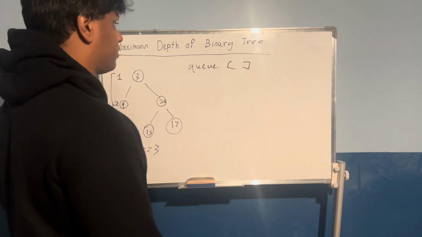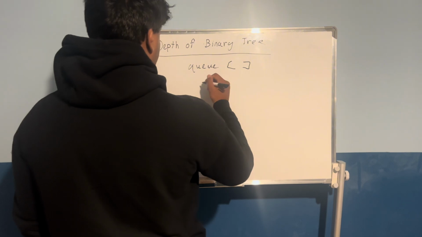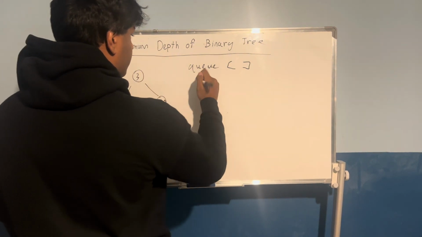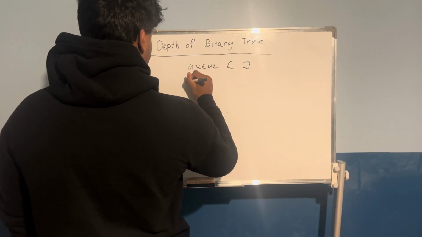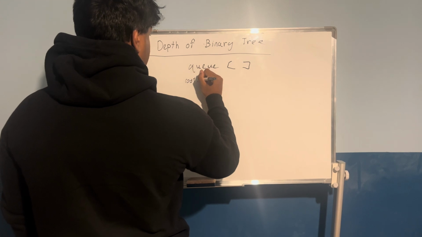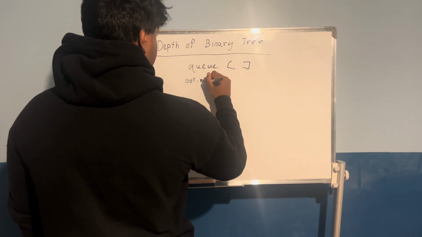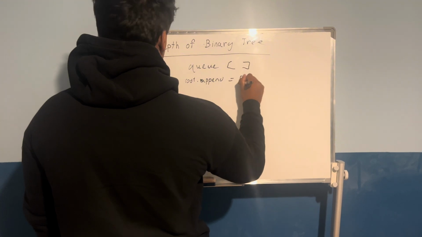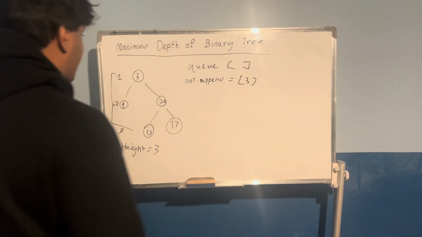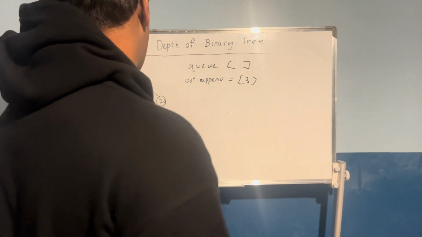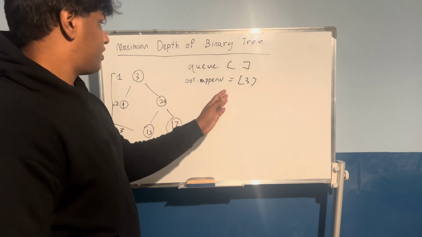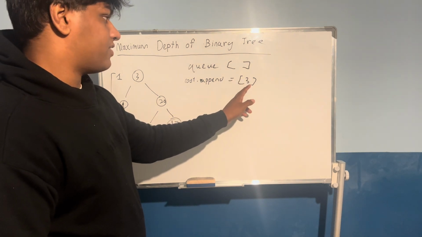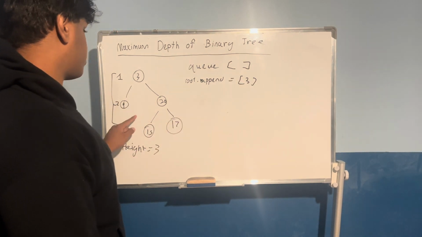First we're going to add the root to the queue, root dot append, which is equal to 3. And after that, we want to remove anything from the left side each time we run through a level.